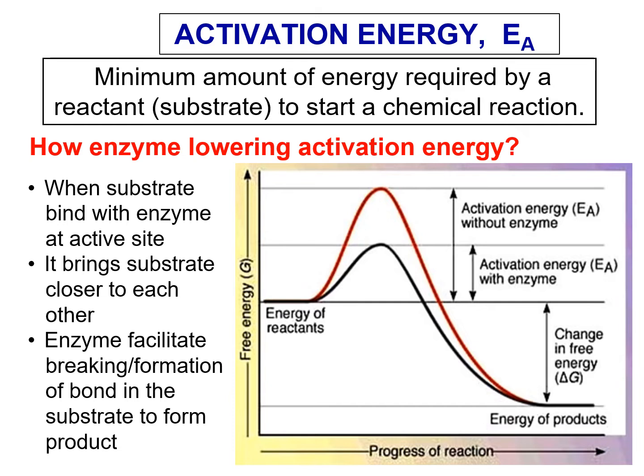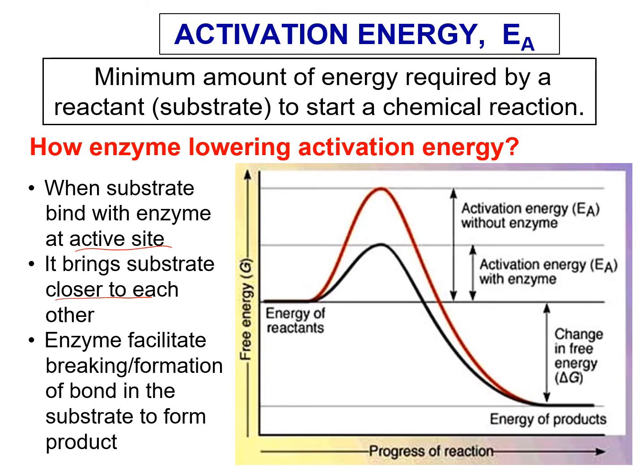When substrate binds with the enzyme at the active site, it will bring substrates closer to each other. So enzyme facilitates either the breaking or the formation of bond in the substrate to form product.